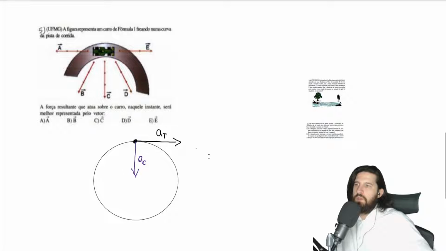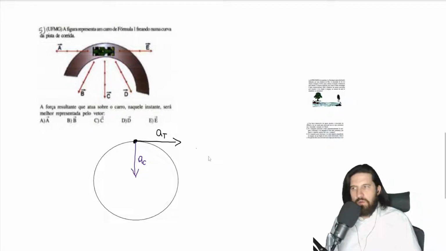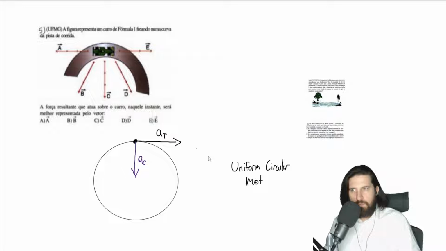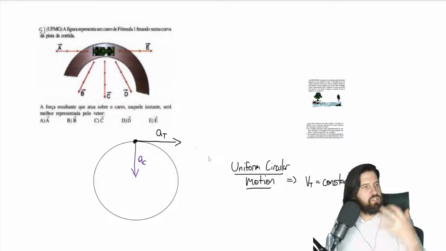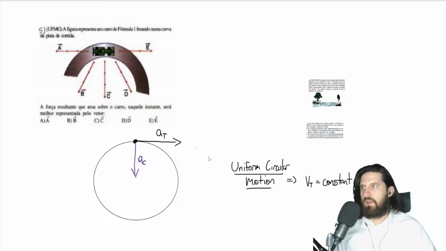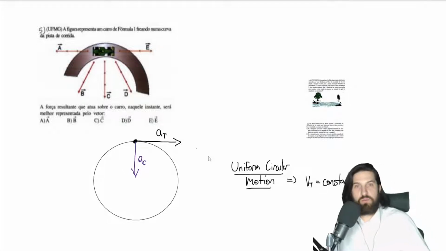Right? So remember, for uniform circular motion, we need VT to be constant. We need it to be the same thing the whole time. We need it not to change, right? Okay. Thank you, Samuel, for the clarifications. That's great. So VT needs to be constant for there to be uniform circular motion.